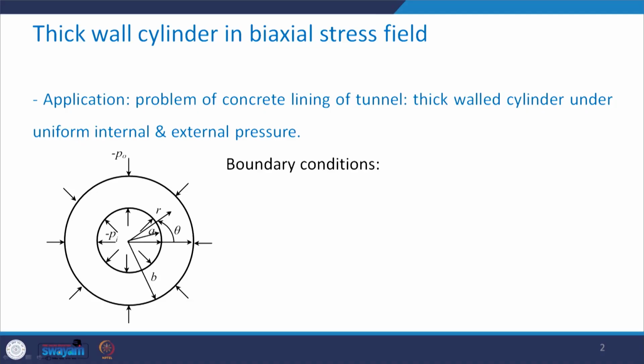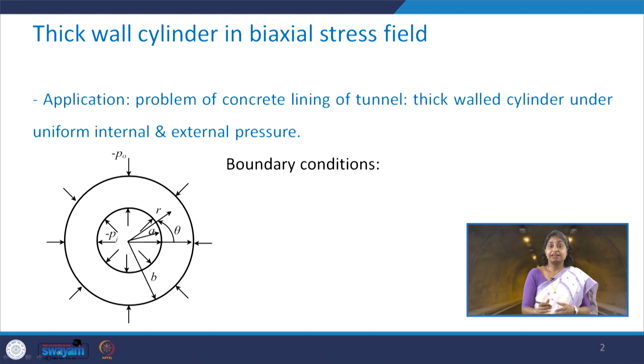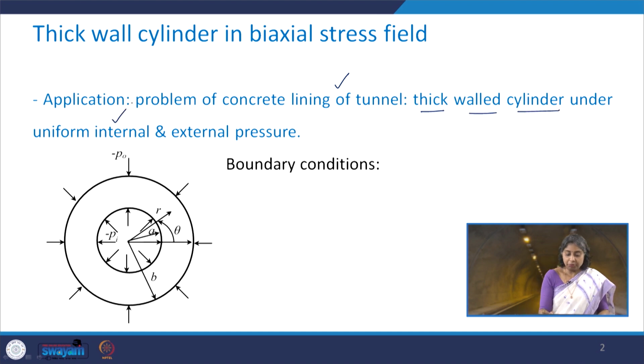So, how is this done? Take a look here: the problem of concrete lining of the tunnel can be addressed by considering it as a thick walled cylinder under uniform internal and external pressure.